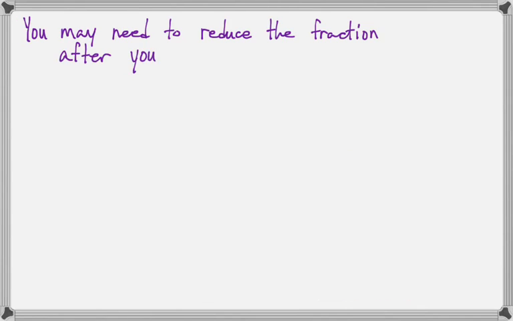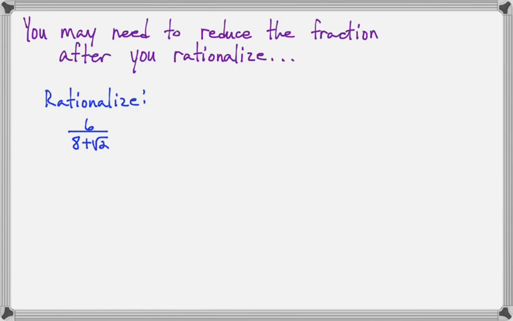Now sometimes you may have to reduce the fraction after you rationalize, and so let's just look at one of those here. 6 over 8 plus square root of 2. Of course this is two terms, so we will rationalize it by multiplying top and bottom by the conjugate. Now let's distribute the 6.